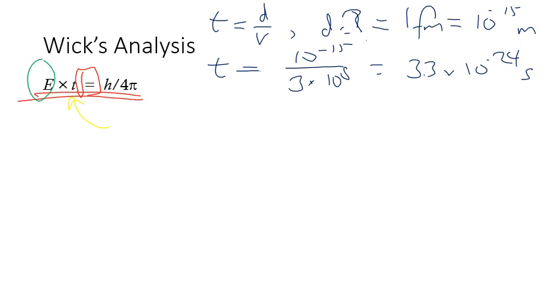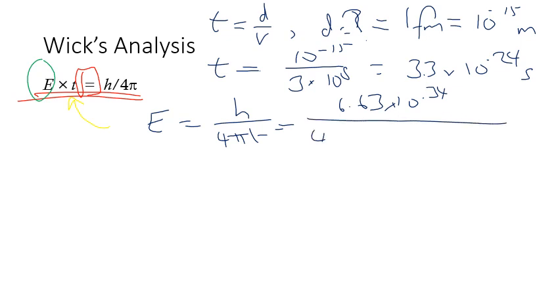Now, if we come back to this, then energy is equal to h over 4 pi t. And h is just Planck's constant, 6.63 times 10 to the minus 34, over 4 times pi times 3.3 times 10 to the minus 24, joules.